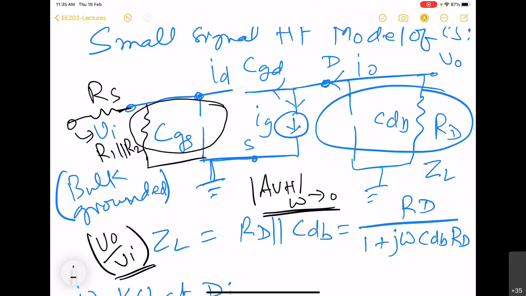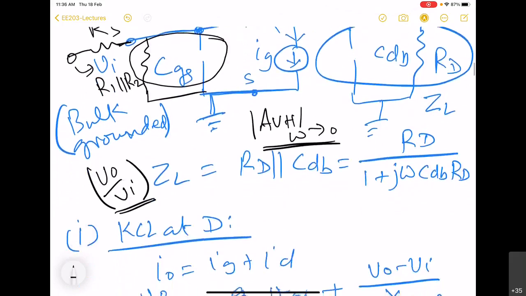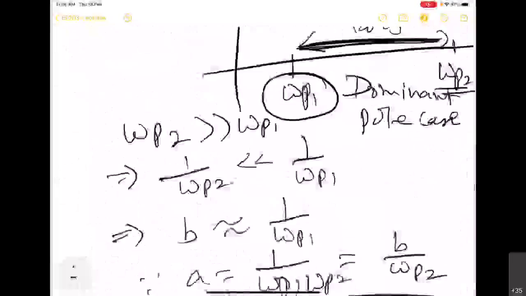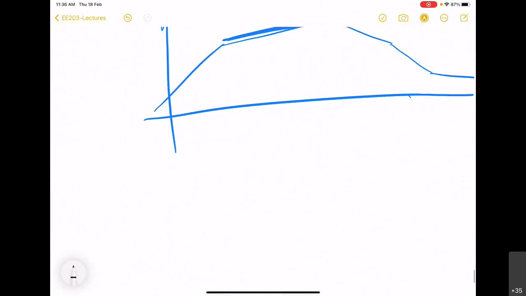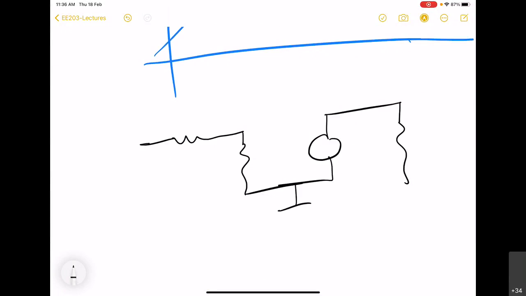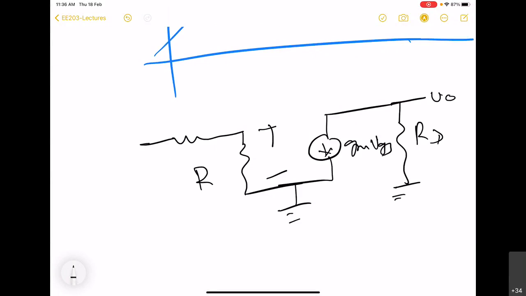Now you can see the output. So we can redraw that circuit below here. For very low frequency, the scenario is going to be like this. This is RD, this is VO, this is GM VGS. VGS is this voltage across R1 parallel R2 and RS and VI.